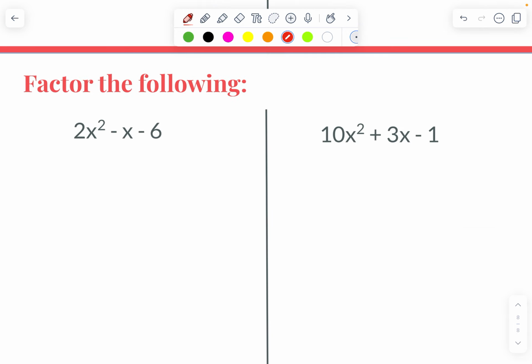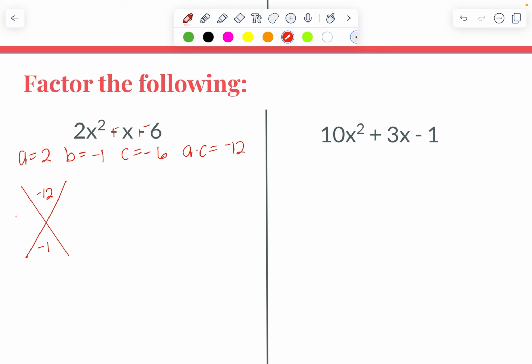Let's look at a few more here. A is 2, B is negative 1, C is negative 6, so A times C is negative 12. So now I'm looking for two numbers that multiply to give me negative 12 and add to give me negative 1.